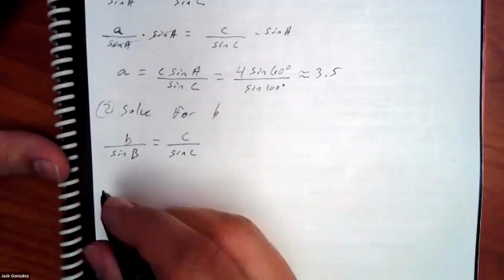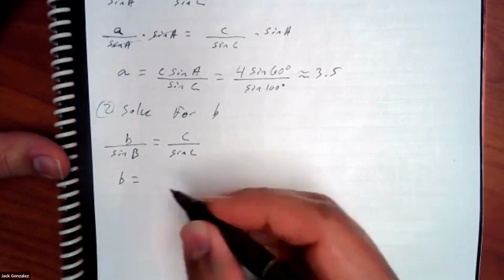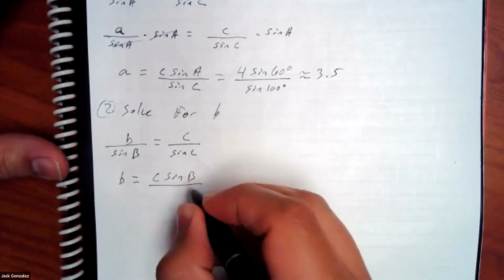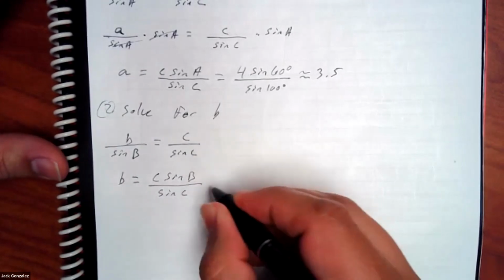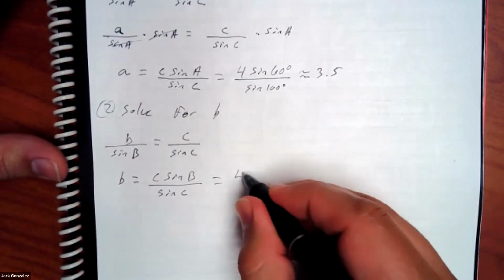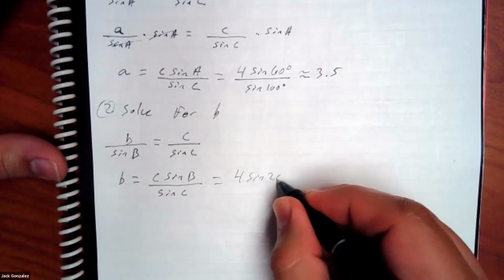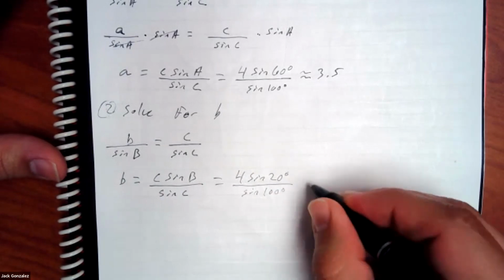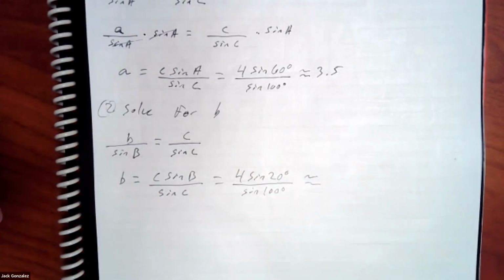So let's isolate little b, multiply both sides by sine B, and you're gonna get to here. So I'm gonna skip that minor step we did earlier. Plug in your values. And then use your calculator.